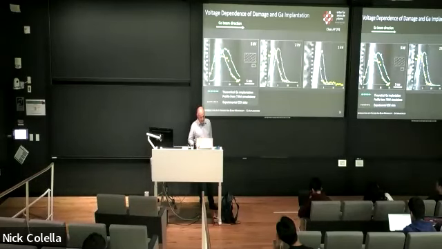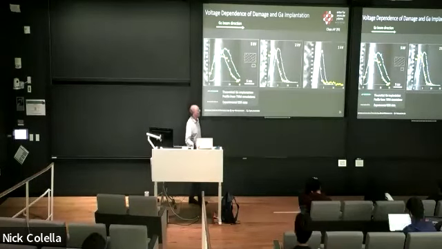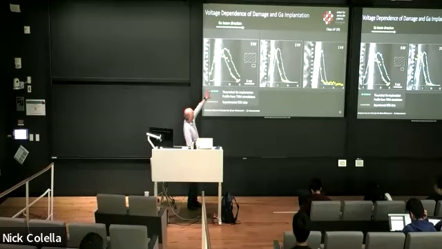But nevertheless, these damage zones are quite significant, as you can see here in this comparison, where we have a 5 kilovolt gallium beam and the corresponding defect zone.